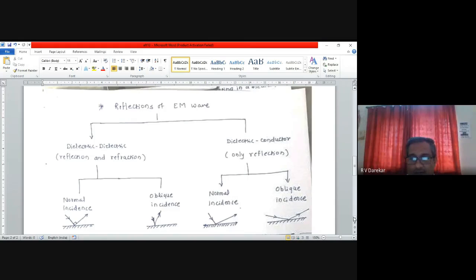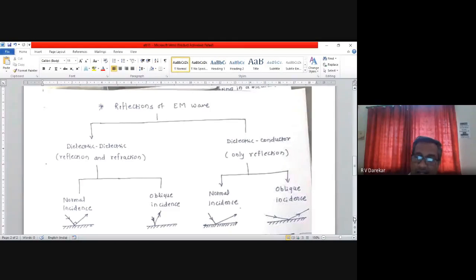But in the case of a conductor medium, there is only reflection, because whenever an electromagnetic wave reaches a conductor, there is no or minimal chance that the wave gets refracted.